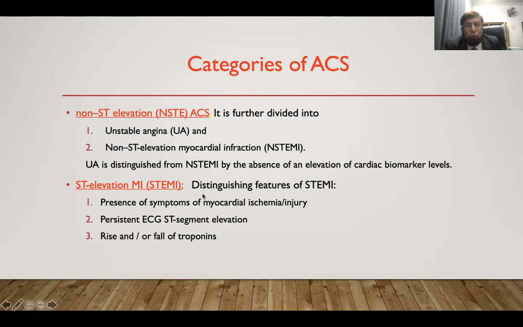So clinicians usually do not wait for the troponin result, and they start the intervention very early. Whereas in non-STEMI, since there is no ST elevation, the results of troponins are very important, and they are the main feature which distinguishes non-STEMI from unstable angina, because in unstable angina, the troponins are normal.